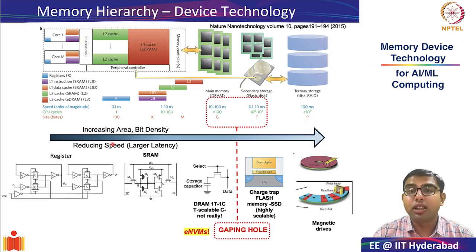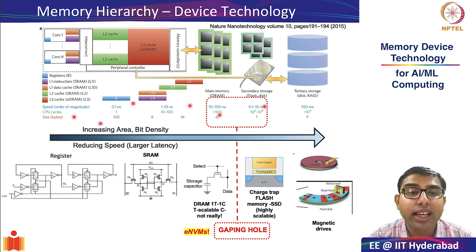Also, we discussed that while this is the traditional implementation of your computing infrastructure from a memory perspective, as you can see over here also, there is a several orders of magnitude gap in the latency, whether you see it in speed or in clock cycles.